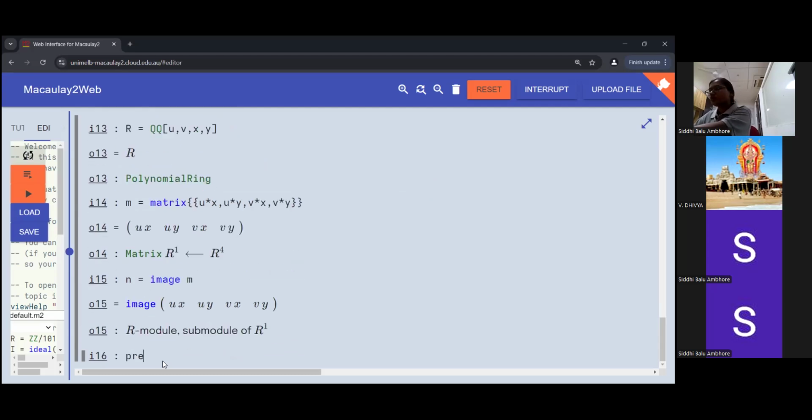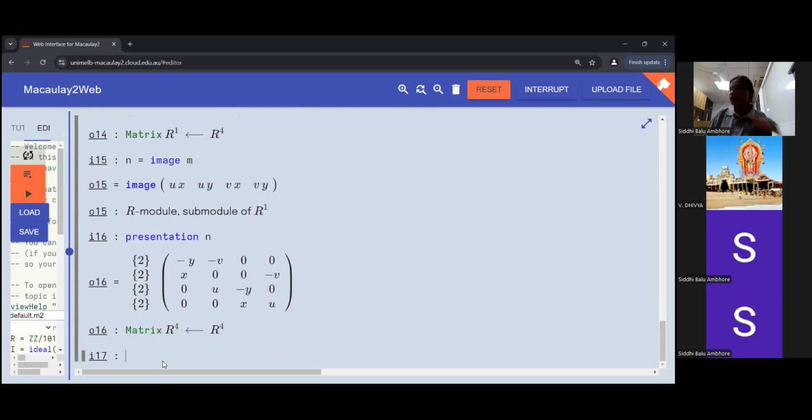And now the presentation of N. It is just shuffling of the given matrix, given elements, right? Or is it not?